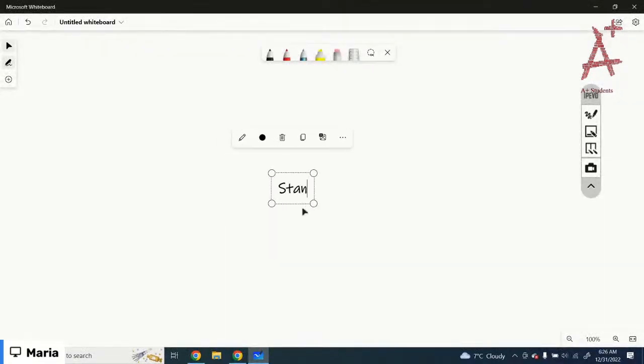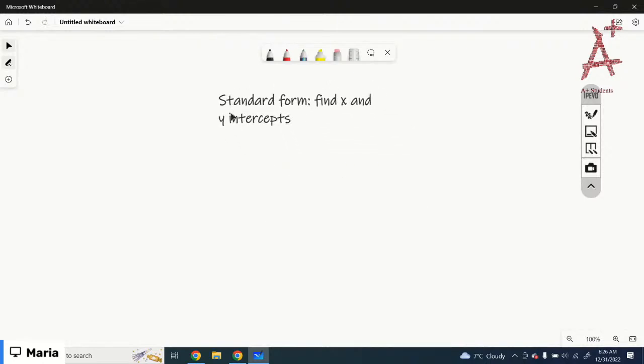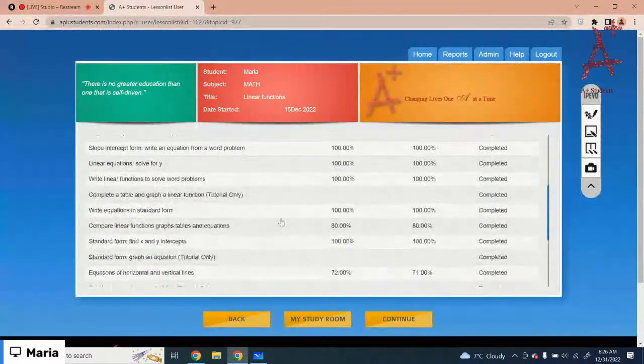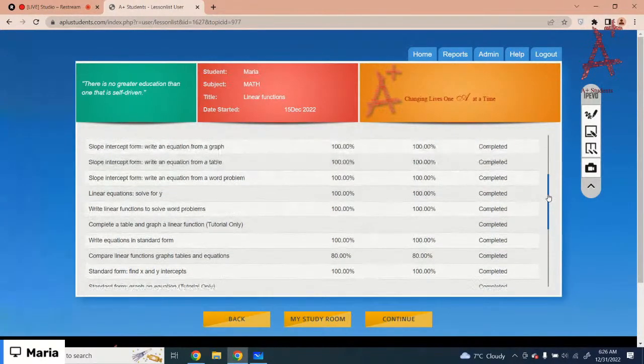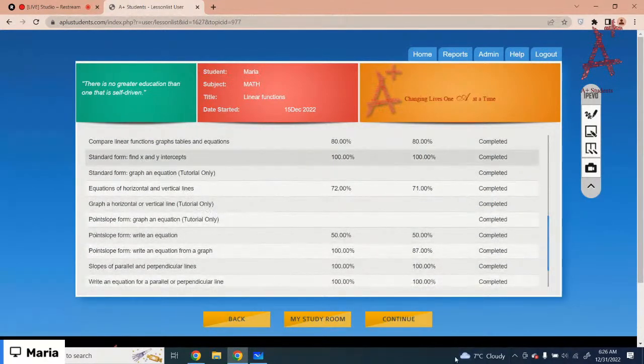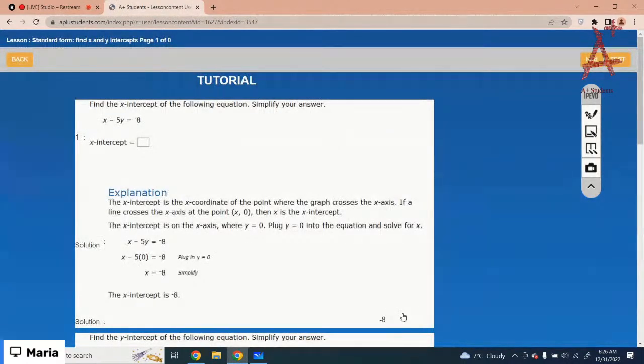Standard form. Find x and y intercepts. Okay, you are given the equation.